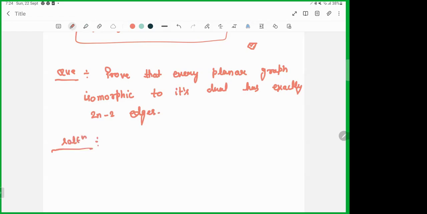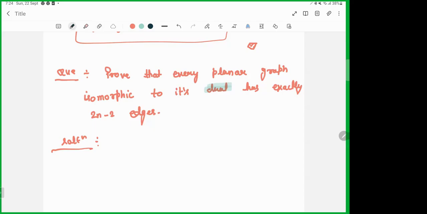Okay, so I should explain the dual. Given a graph G, how do we find its dual? Dual means that corresponding to each face, you put a vertex. I recall it was in the Königsberg bridge problem. Yes. So for each face, you put a vertex.